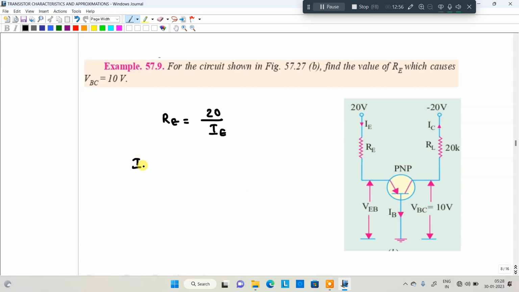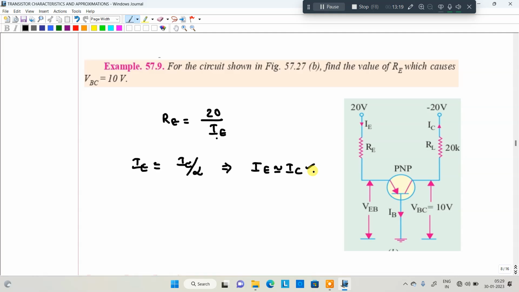IE is equal to IC divided by alpha. Is alpha mentioned anywhere? No. You can take alpha as very small, nearly equal to 1, so IE is approximately equal to IC. So finally, if you want IE, I can find IC.